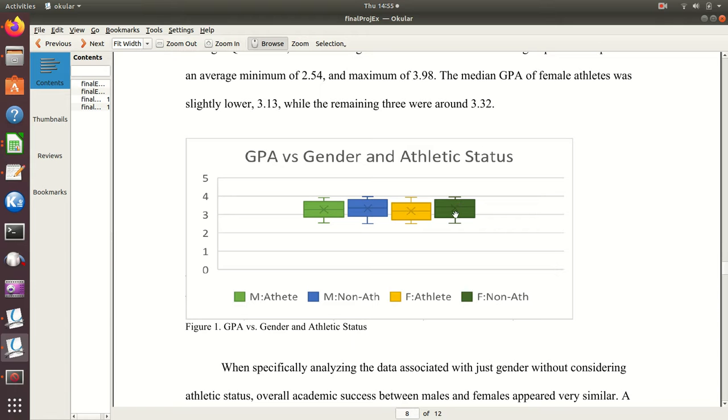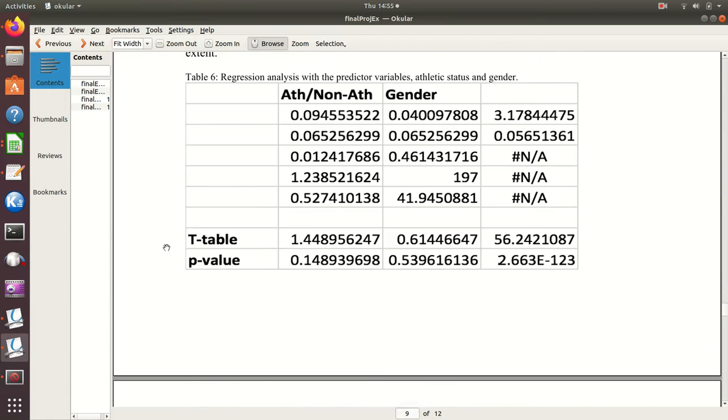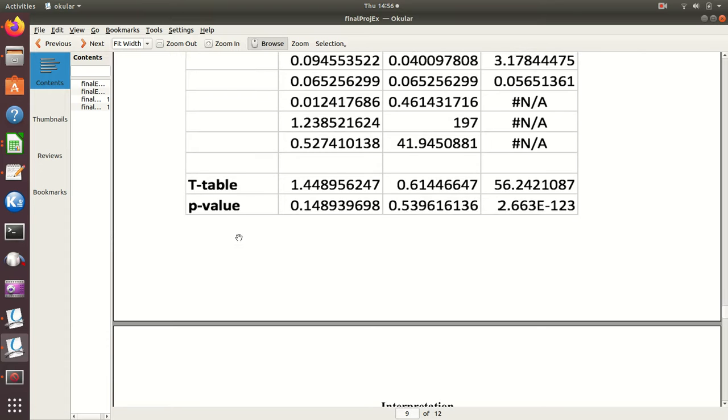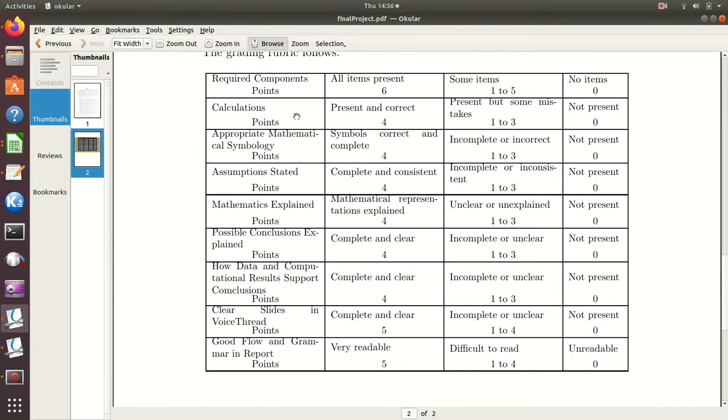And so that's kind of like a scatter plot, and so that's okay. But anyway, calculation, that looks good, and they talked about those. Let's see. So yeah, calculations look pretty good, present and correct. So they probably got all 4 points on their calculations.